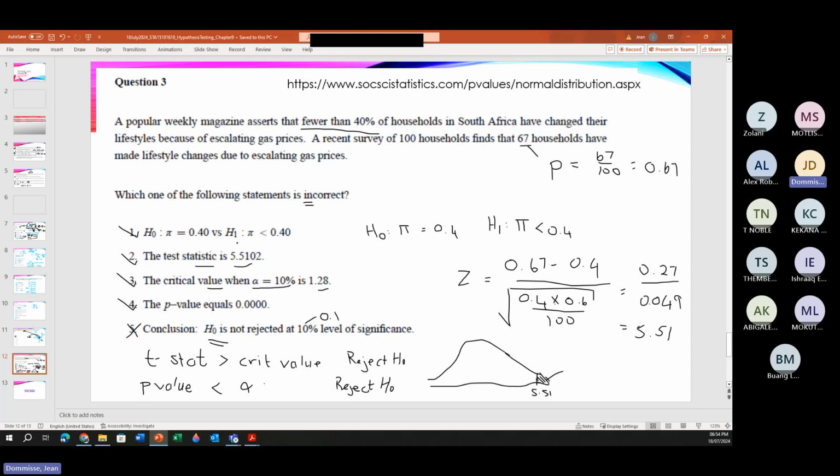So in this instance, we can clearly say that the sample proportion is different from the population proportion.